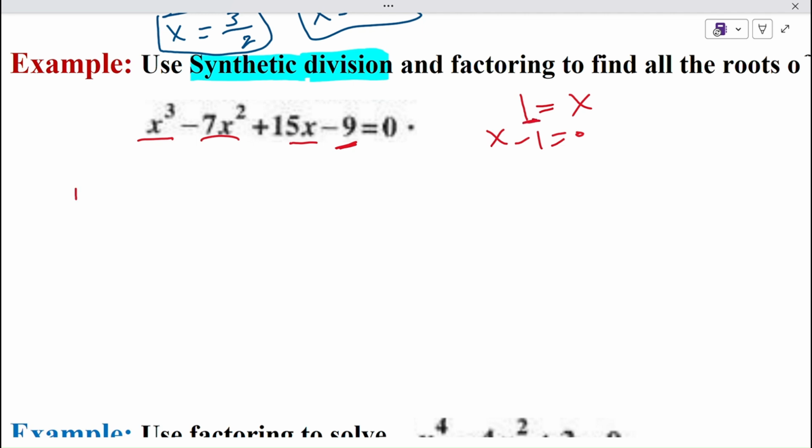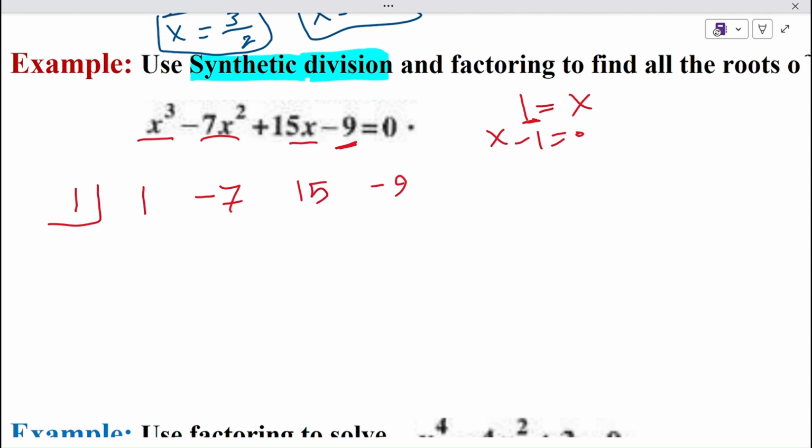Write 1 here. Then write down all the coefficients, but be careful with the ordering of the powers. Here we have powers 3, 2, 1, 0. So this is right. Just put down the coefficients. The coefficient of this is 1, then minus 7, then 15, then minus 9.